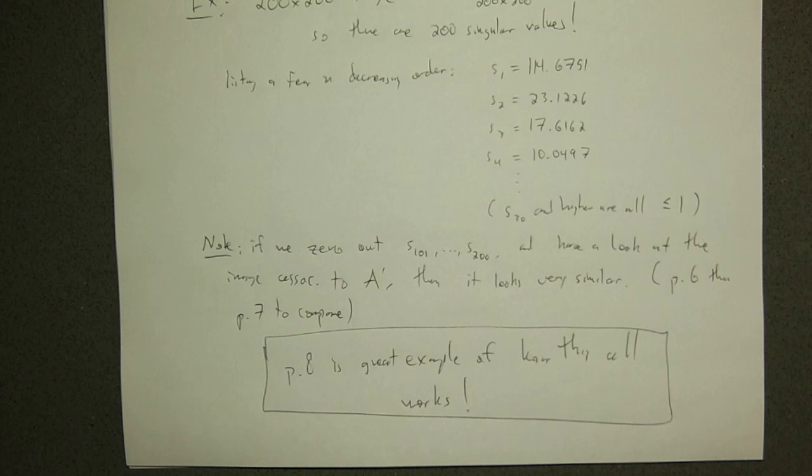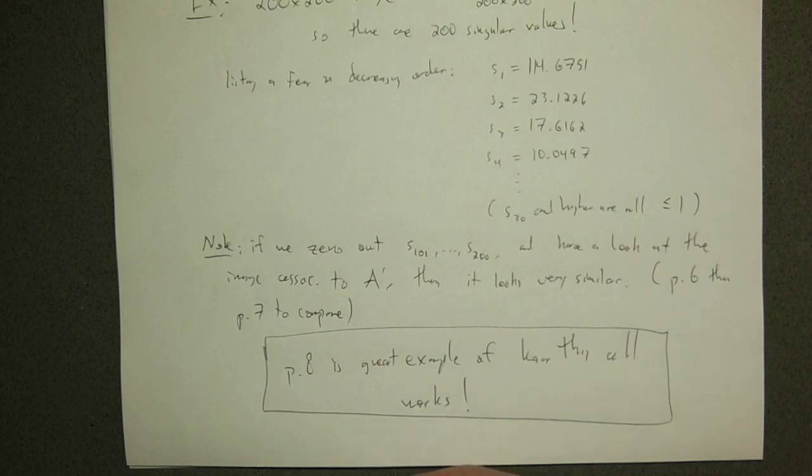The 100 values image is where you have tossed out half of the singular values. So you've tossed out the last half from S sub 101 to S sub 200, zeroed them out in the matrix, recomputed your A to be A prime, and generated that image. You get something that looks really similar, right?